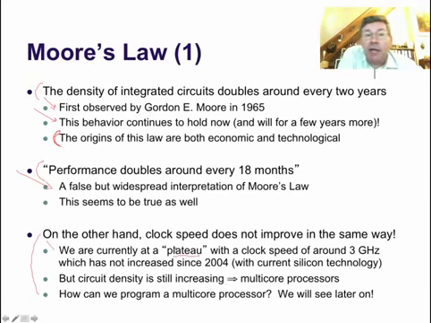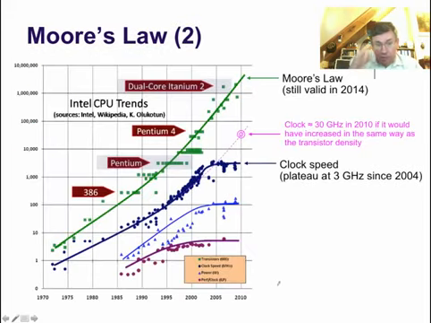Clock speed has been improving in the past, but it leveled off around 2004 with the current silicon-based technology. Perhaps with new technologies later it will take off again, but for the moment it's not. But circuit density is still increasing, performance is still increasing, and the increase of circuit density is leading to multi-core processors. This started in the early 2000s, so now 4, 8, and the number of cores will continue to increase for the foreseeable future.